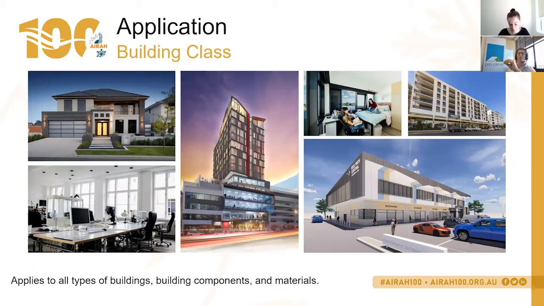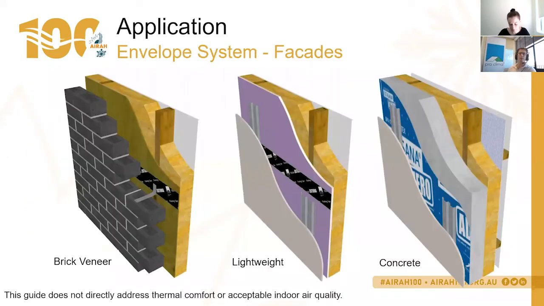It works for all buildings provided that the building is heated or cooled on the inside, that there's weather on the outside of the building, and you can analyse any of the roof systems or wall systems that provide the thermal envelope between the interior and exterior boundaries.